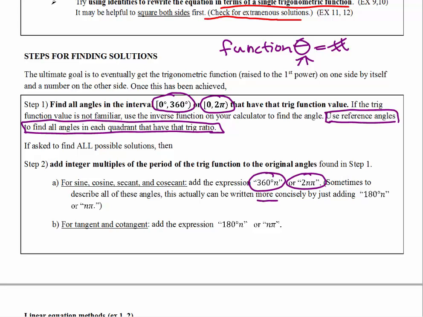Sometimes we will be able to write this more concisely by just adding 180 degrees times n, so multiples of 180 or multiples of pi. For tangent and cotangent, we will always be able to write it as multiples of 180. So when we are adding to find all possible coterminal solutions, tangent and cotangent will always be able to be written more concisely.